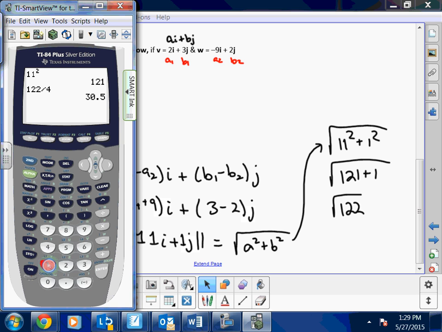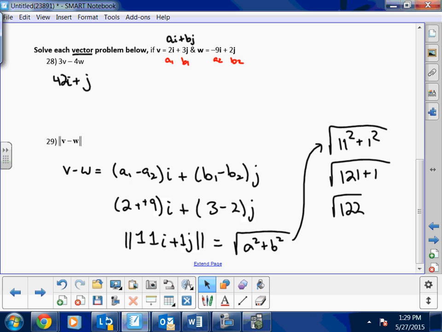It's not divisible by 4. 122 divided by 16, no, not either. So that's going to be your answer there. There's nothing you could really divide it by to reduce it. So the answer is square root of 122.